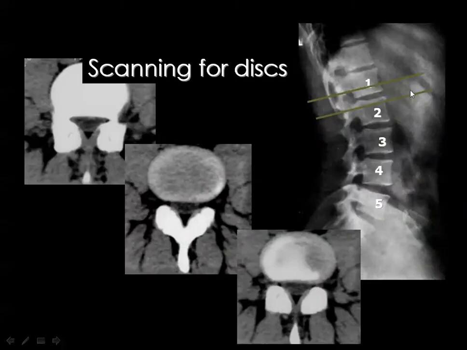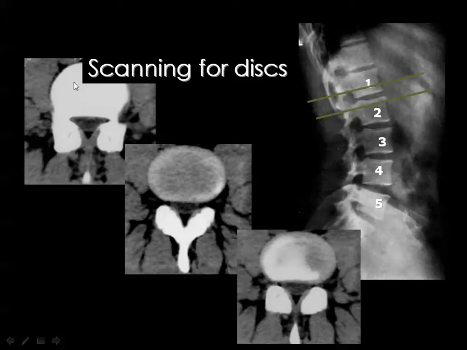Like in this example, you can see here that there are three sections, and you want to select one for evaluation of the disc, and you should know where the disc is. The disc is the soft tissue structure which is similar to the soft tissue muscles along the sides of the vertebra.